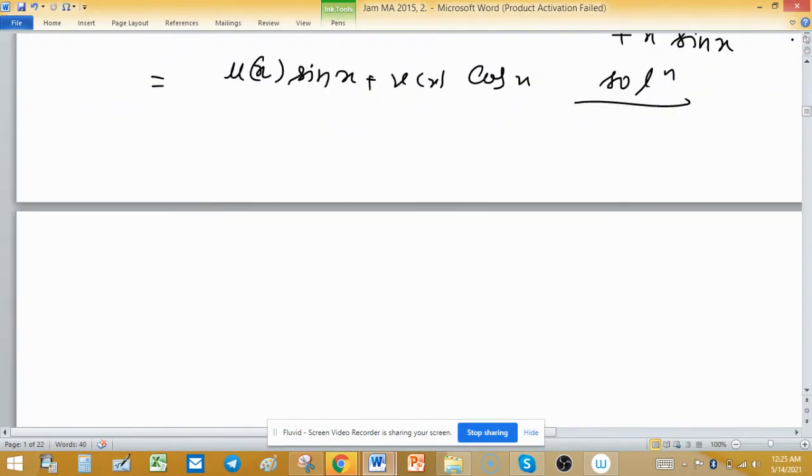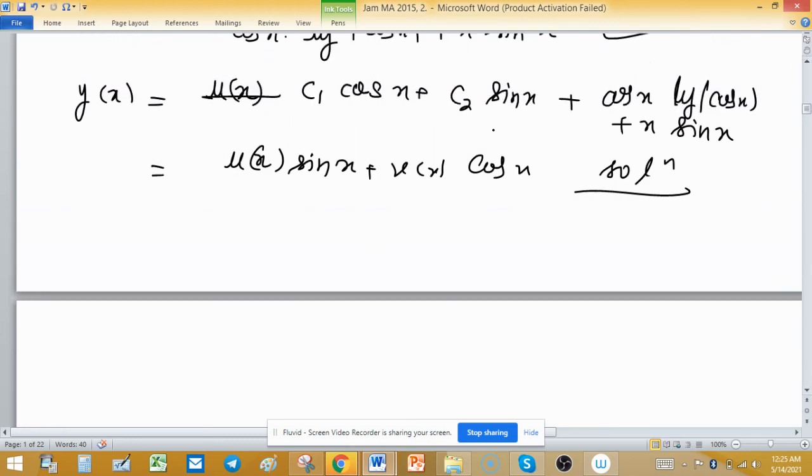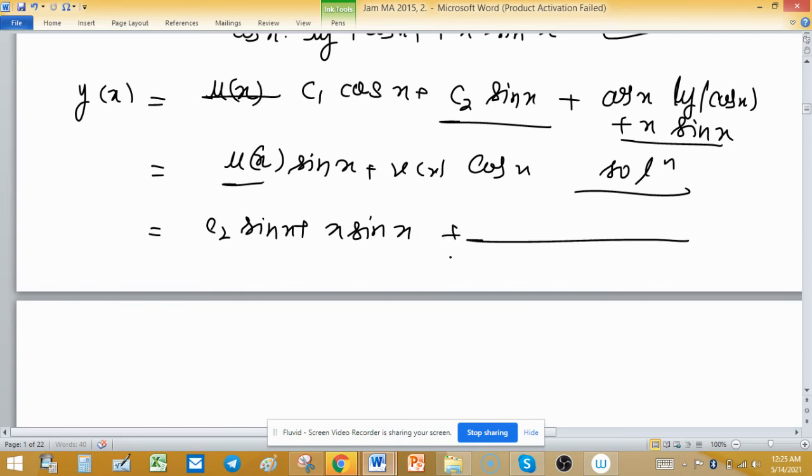On comparing, you can see u(x) is the coefficient of sin x, so we have to find the sin x terms. We can write c2 sin x plus x sin x, and taking sin x as common, we get (c2 plus x) sin x.